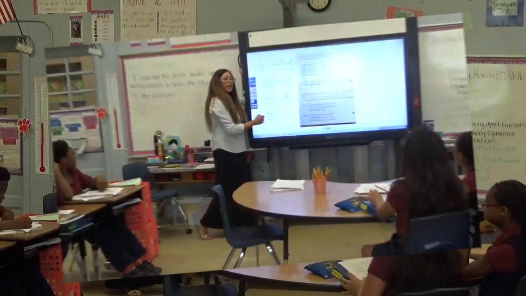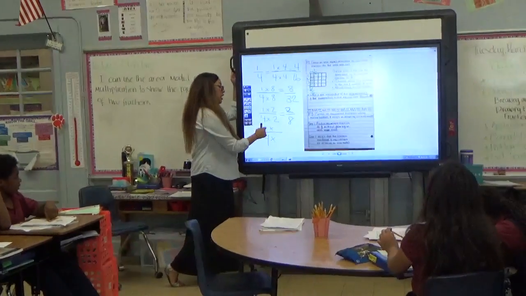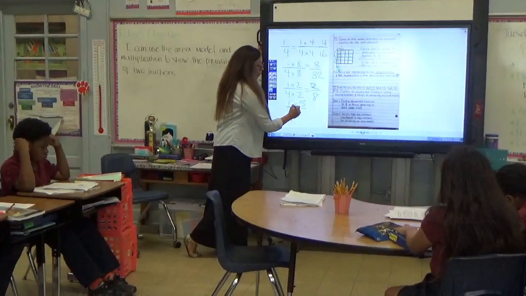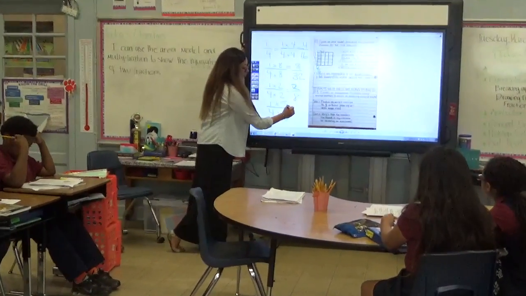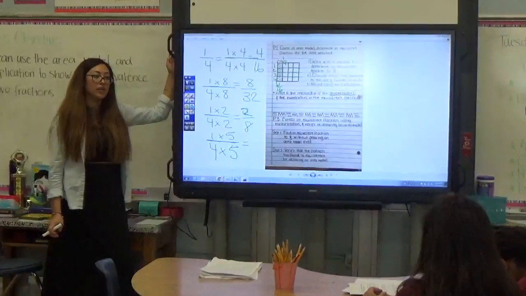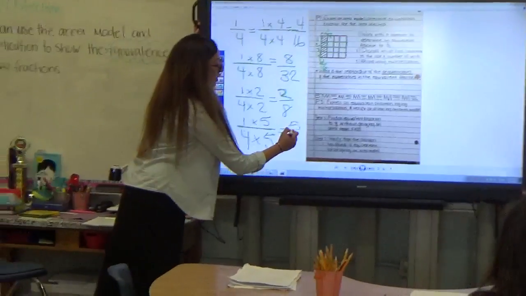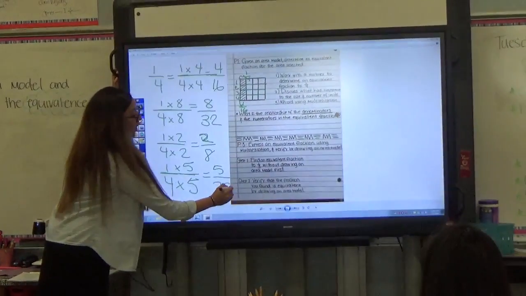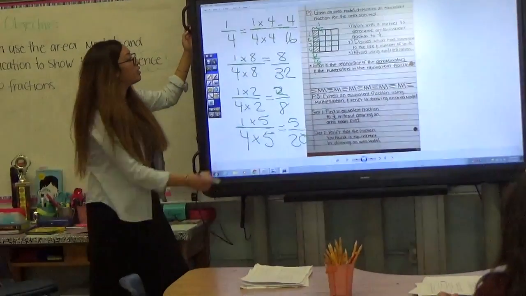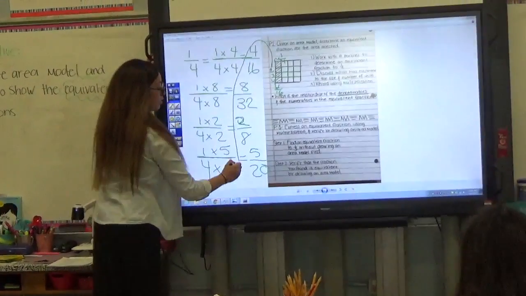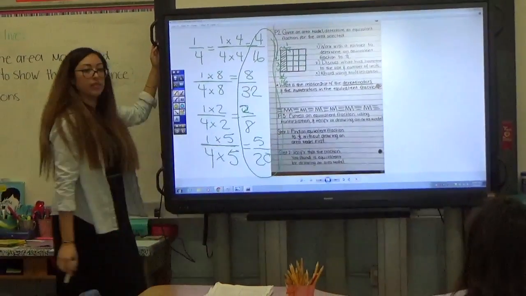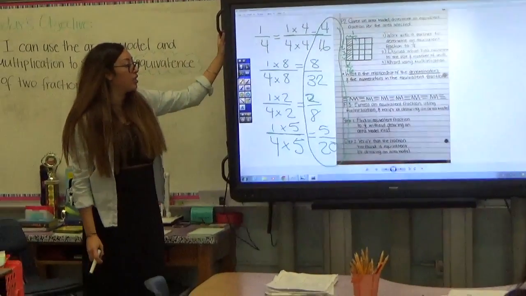What if I say I want to multiply by 5? If I divided my 4 into fifths, 1 times 5? 5. And 4 times 5? 20. So 5/20s. Can I say that all of these are the same thing? Yes. All right?